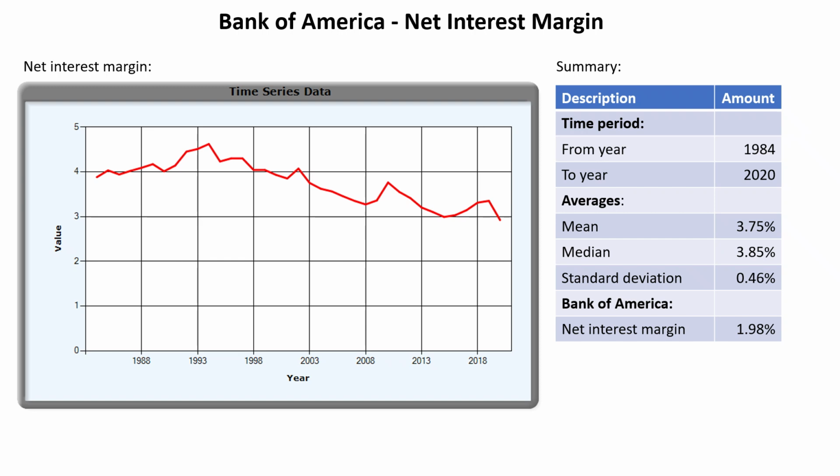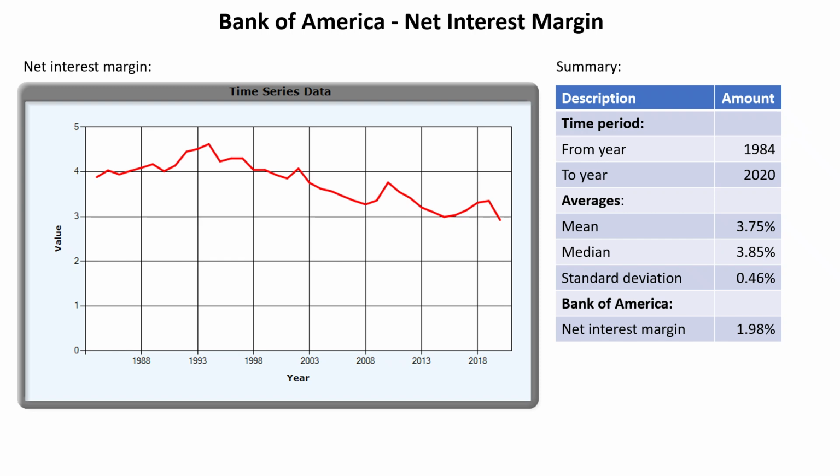If we take a look at the summary table to the right, we can see that graph goes from 1984 to 2020. My mean is around 3.75 and my median is about 3.85. Then we take a look at Bank of America's net interest margin, which is 1.98%, which we derived on a previous page.